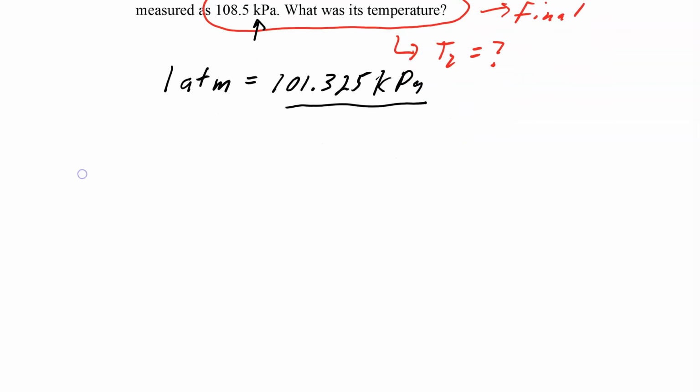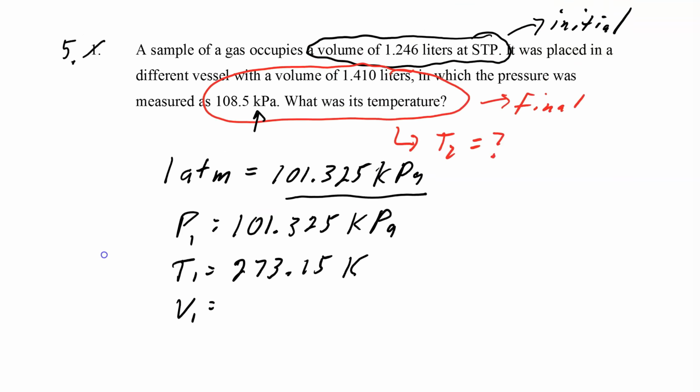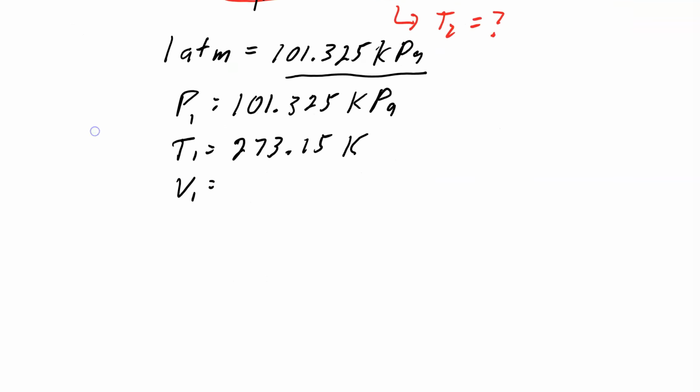So let's start writing our variables here. P1 is going to be 101.325 kilopascals. Our initial temperature, standard temperature, put that right in kelvins, 273.15 kelvins. And our initial volume was given at 1.246 liters.